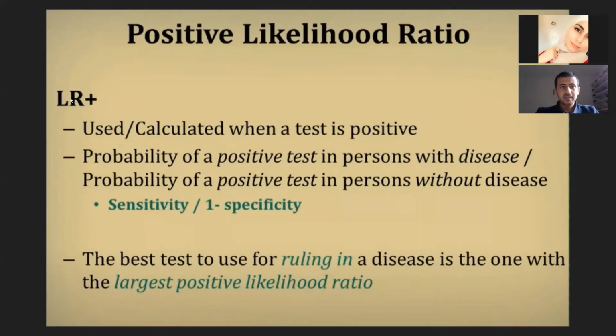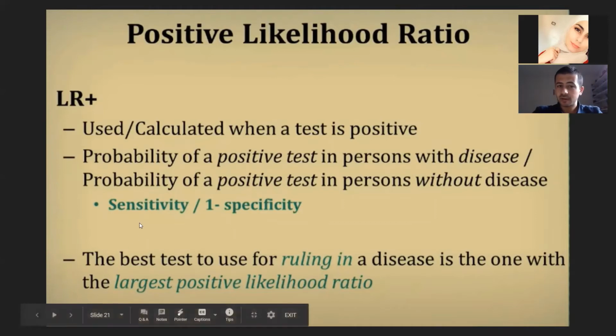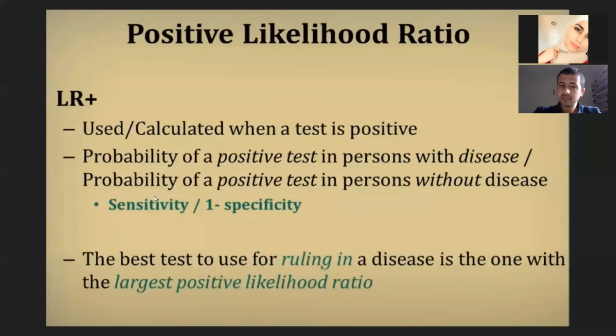So I can just relate the likelihood ratio positive to one of them. Last time, in that formula, we had the same number up and down. But here we have a number in here, and the specificity is related to it. So if I relate a likelihood ratio to sensitivity, it is already linked to specificity. So if the positive likelihood ratio is high, then I have a test that is sensitive.